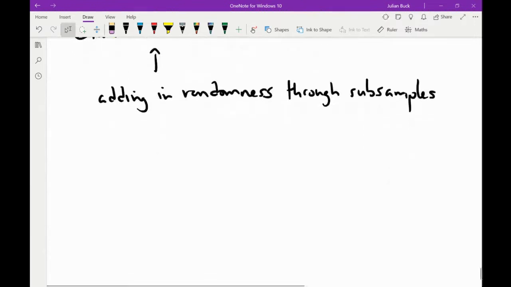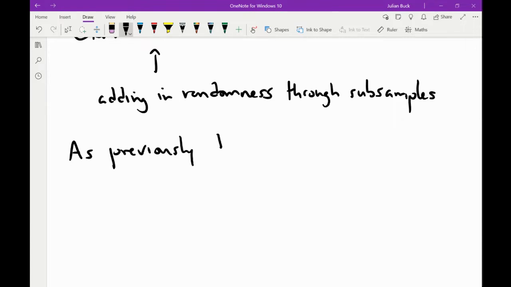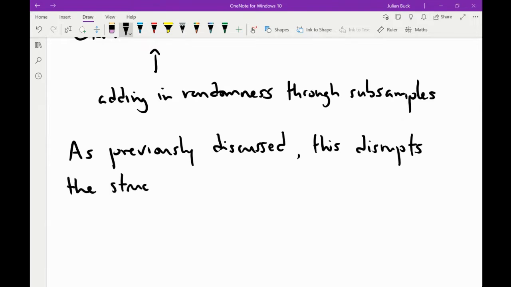Well, we discussed this last time before the break. So this, in some sense, disrupts the structure for complex loss functions, ones that have a very complicated structure.